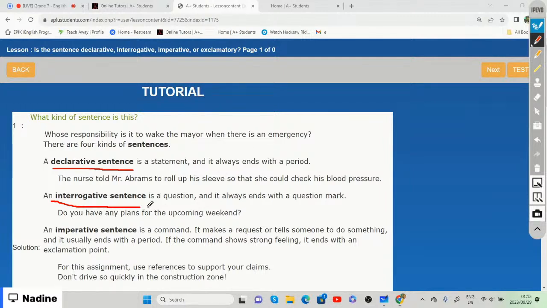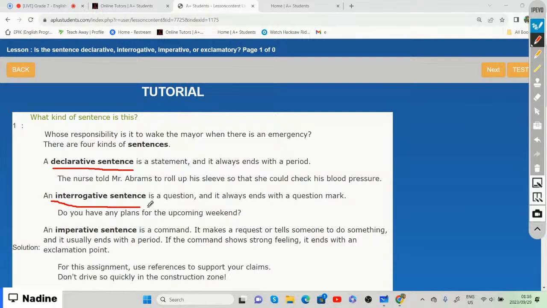So if you ask a question, then you need to write it with a question mark. But also when a question is being asked, you basically expect a response. So if somebody asks you, what is your name? Then you give your name.